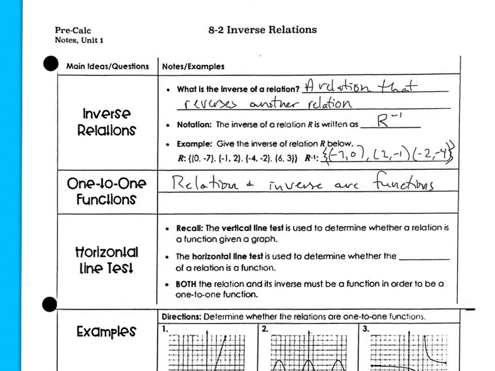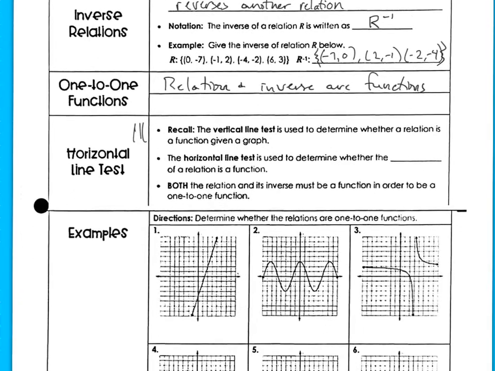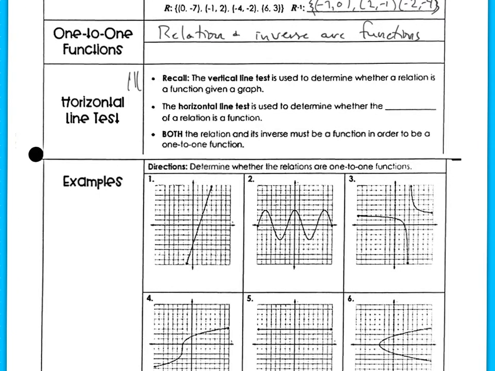So if you remember the vertical line test, take your graph and you do the vertical lines, and if that vertical line only touches it once, touching the graph in one spot, then you know you have a function. Now the horizontal line test is used to see if the inverse is a function. If they pass both of them, then it's one-to-one.